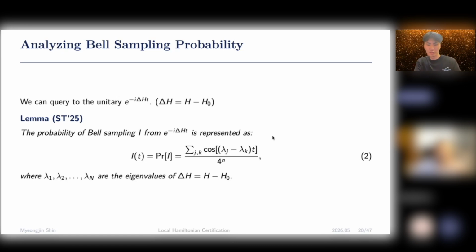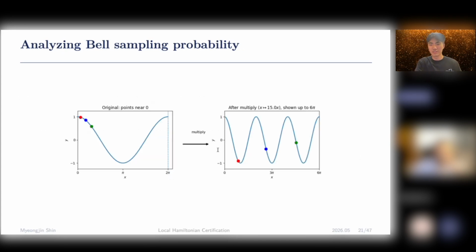So we can only increase t to the magnitude of 1 over epsilon. In order to make this term far from 1, we need to increase t, but also the difference of the eigenvalues needs to be large. I'm going to explain the intuition in this slide.